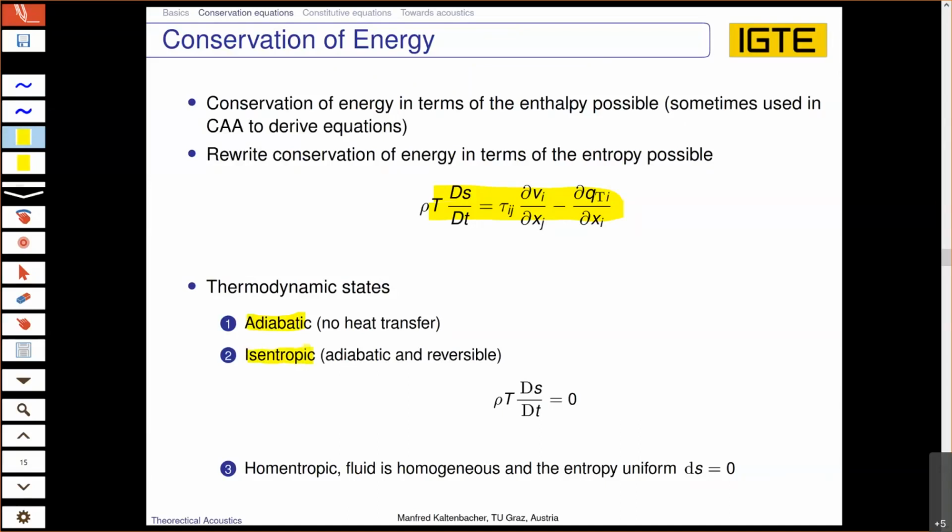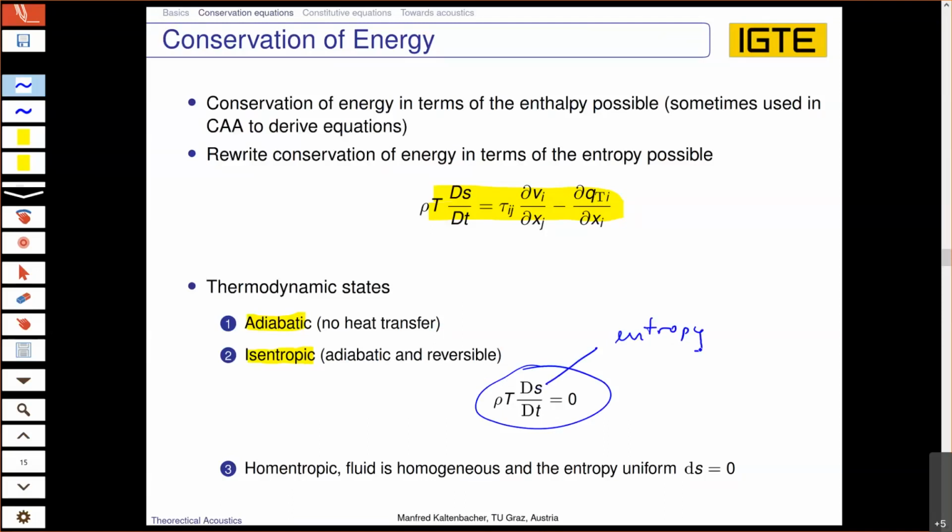And then we don't have to consider any heat fluxes. We can neglect the viscosity of the fluid, which means you end up with this nice equation that the total change of S, which is the entropy, is equal to 0.